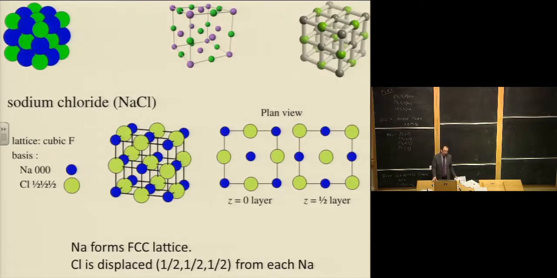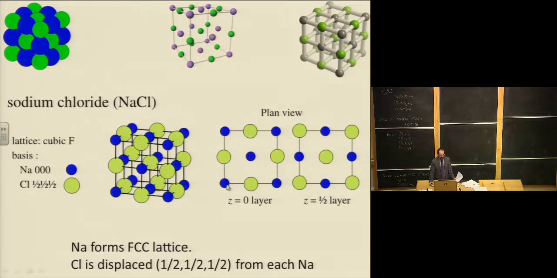But in addition to the sodium atoms, which are on the FCC lattice, there are chlorine atoms as well. And you can describe the position of the chlorine atoms by saying for every sodium atom, there is a chlorine atom displaced by 1/2, 1/2, 1/2 from the sodium atom. That will get you the position of all the chlorine atoms. Here's a plan view.